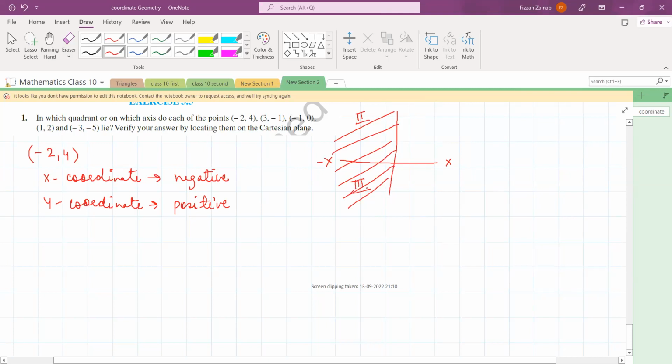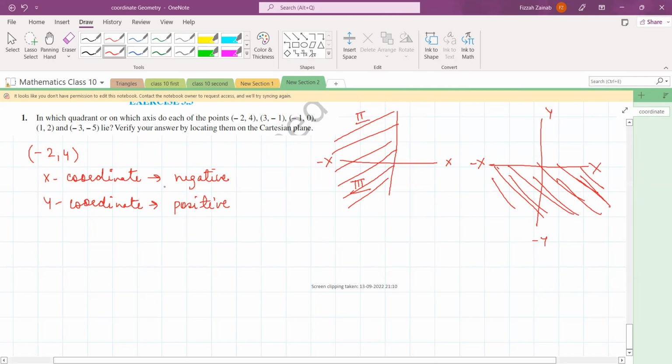Clear? Okay. And this is positive y, this is negative y. So if the points are below the x-axis, then all such points will have negative y coordinate. Clear? So I think this is clear in your mind now.